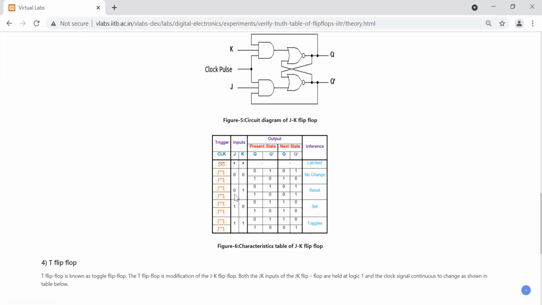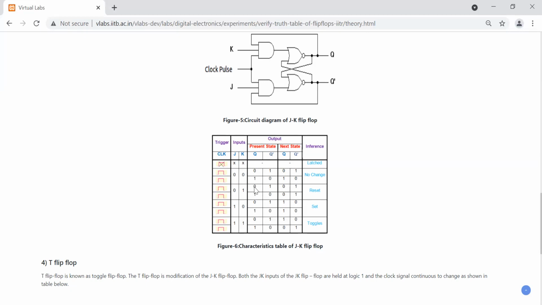If input J is 0 and K is 1, and on the application of the clock pulse, output Q will become 0. Whatever is the present state, in the next state the output will become 0.